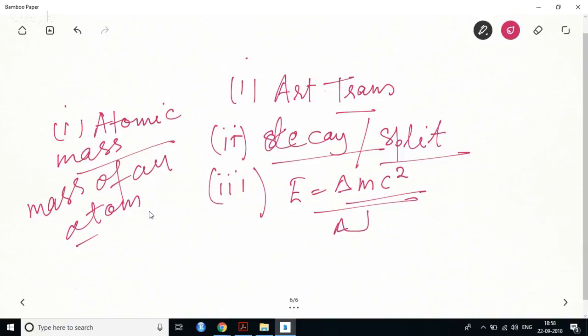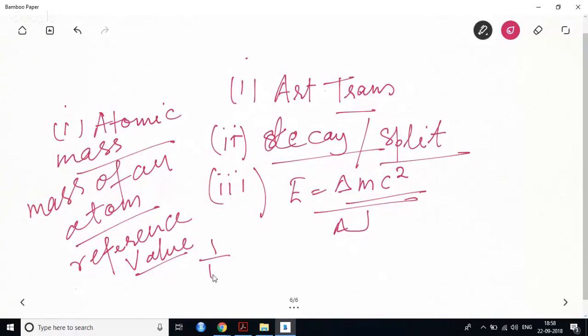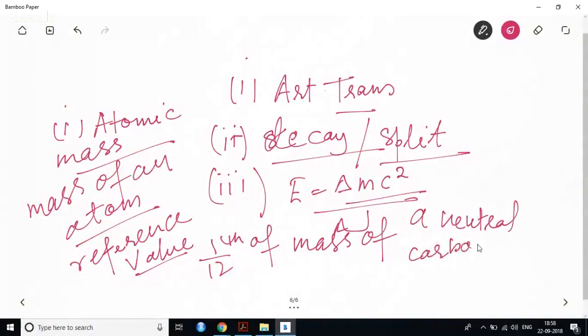There is a reference value for that, which is 1/12 of the mass of a neutral carbon atom.